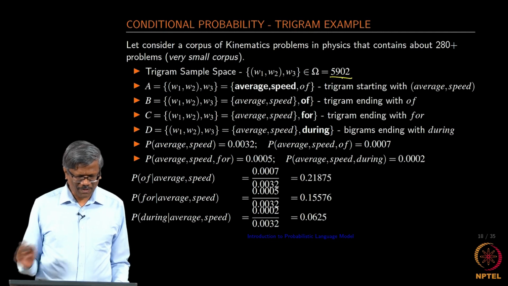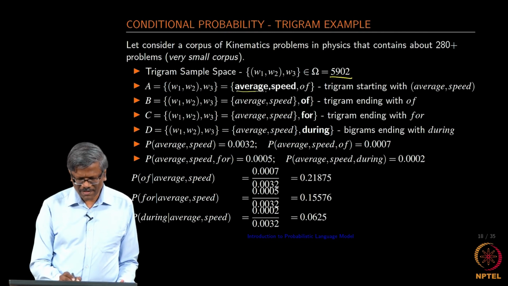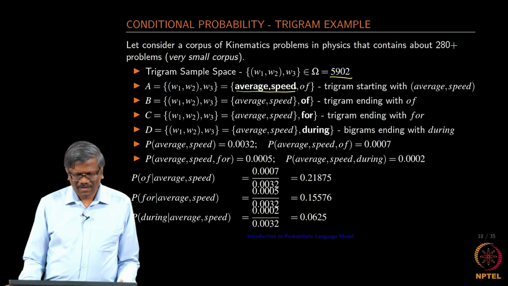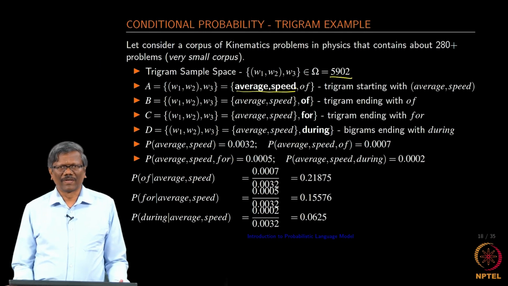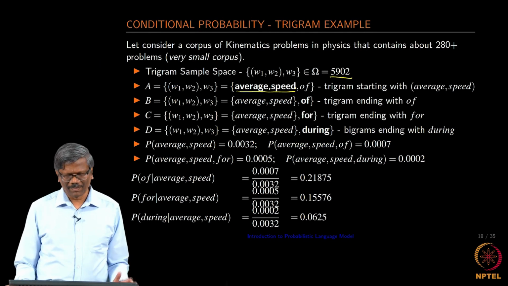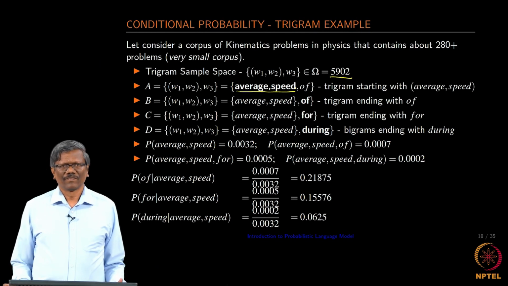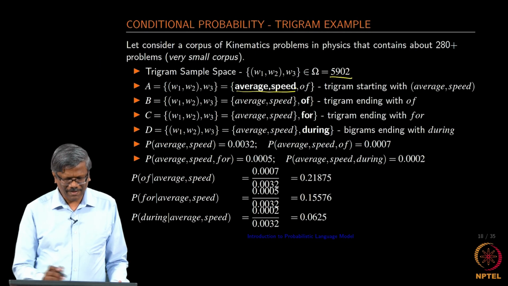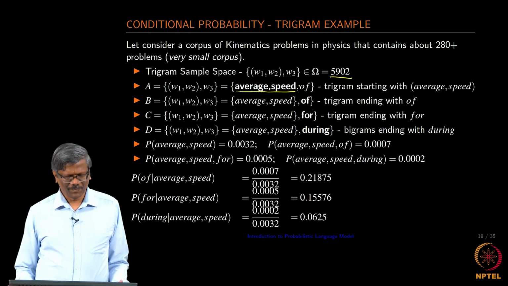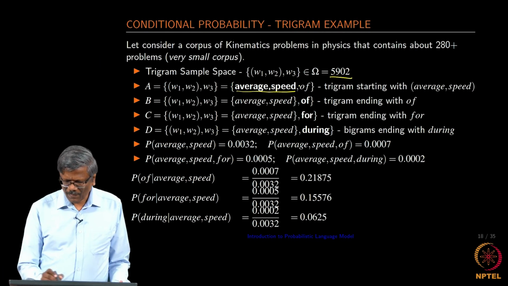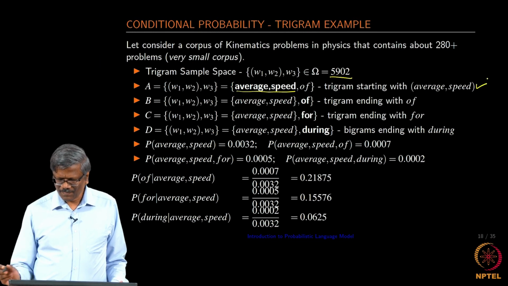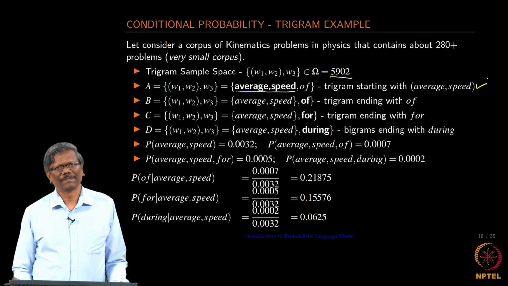So, in this case what we are doing is we are taking two words as occurring together like what we had seen, average speed, and then we want to find out what is the third word that is going to occur after average speed. Okay. In this case, now we capture all the trigrams starting with average speed.